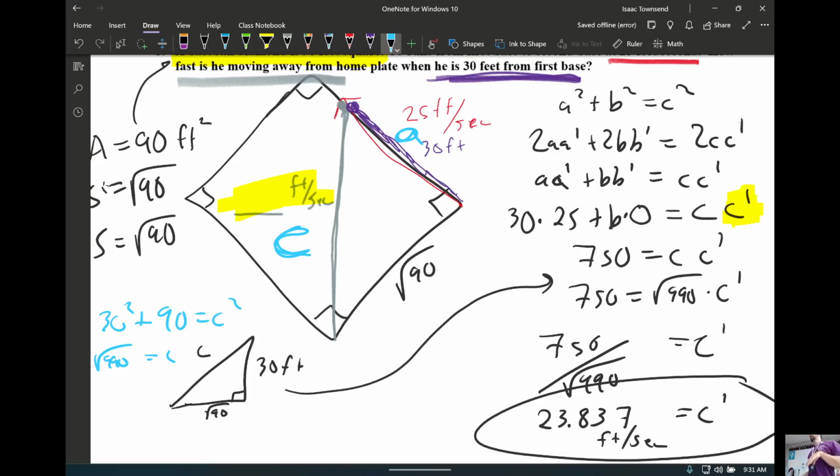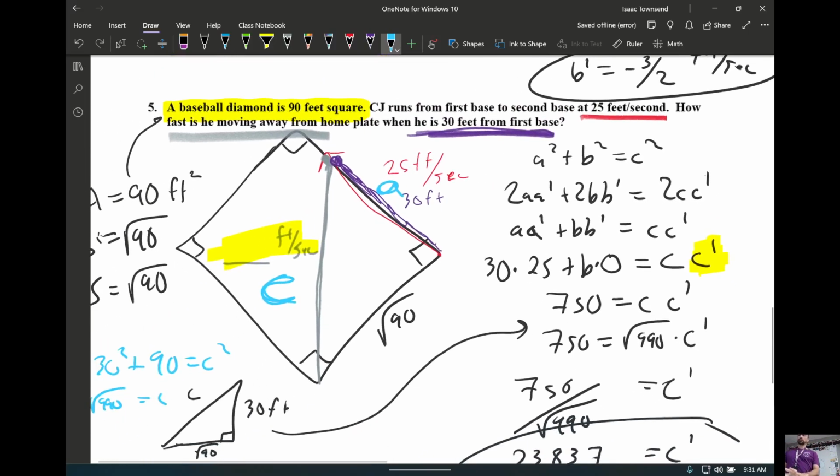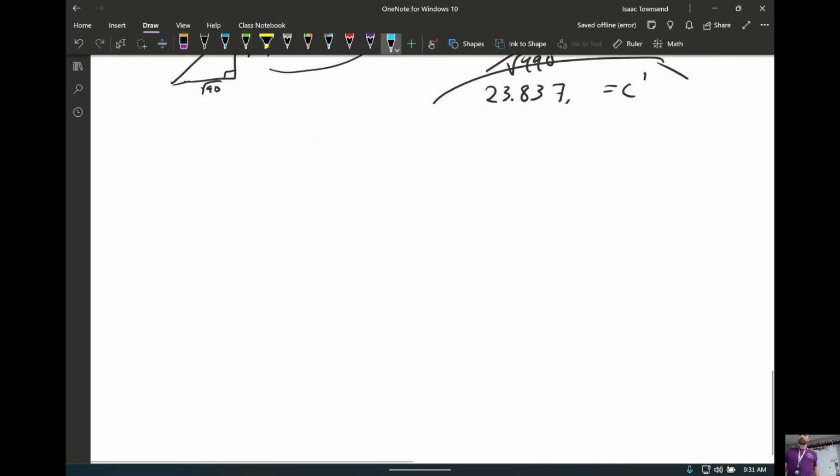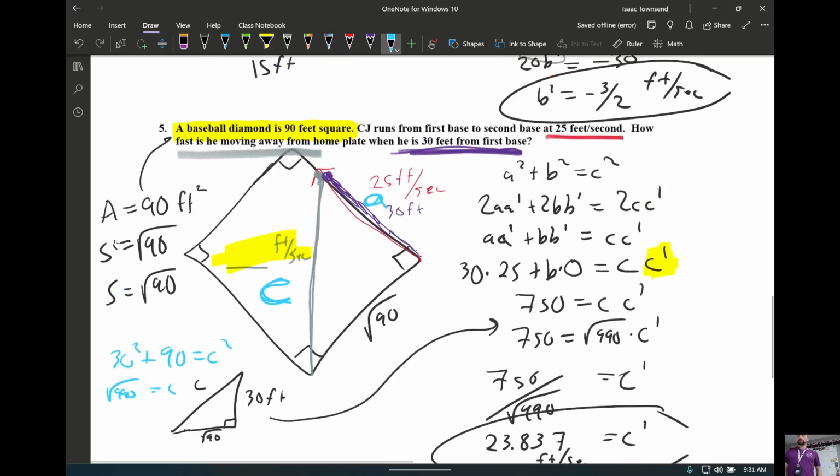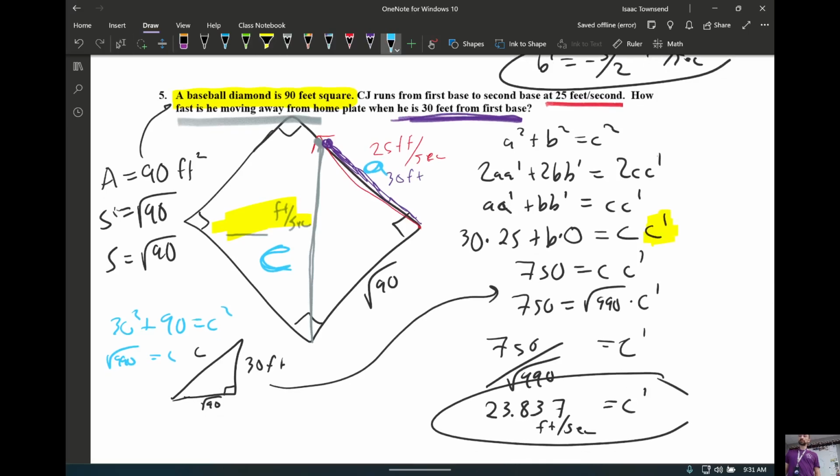So sure, you read this question, you have no idea this is what your work's going to look like. But you have an idea of what a baseball diamond looks like. You can draw it. You can label the information where you think it goes. Once you have that in front of you, you're probably going to see the geometry formulas, Pythagorean theorem. This is calculus class, and we are doing derivatives, so you know you're going to have to take the derivative of that geometry formula. You plug in all the information.